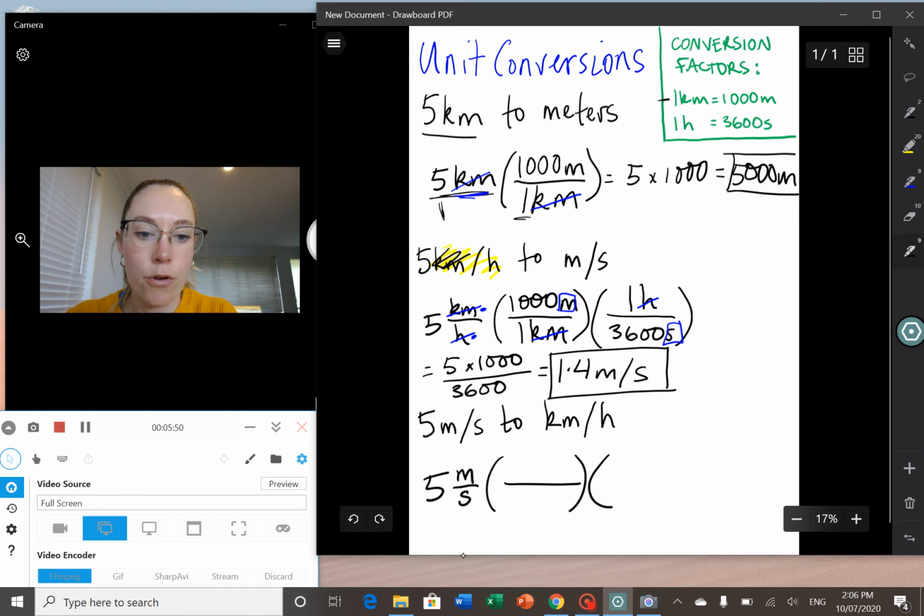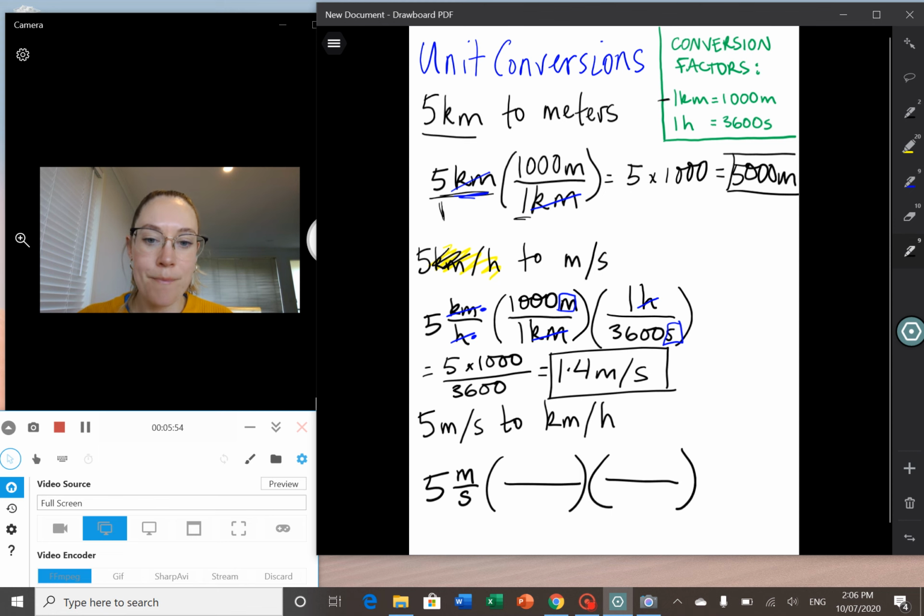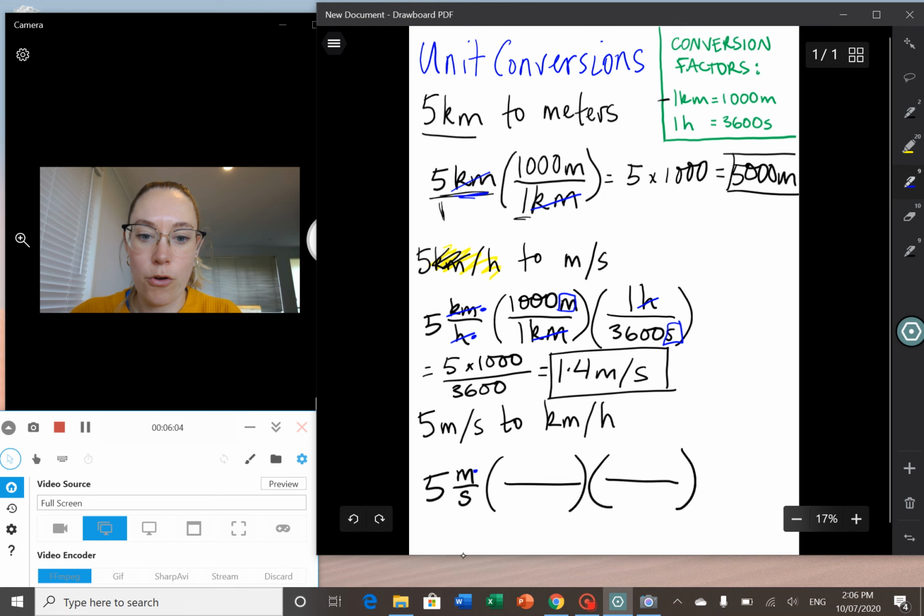I have 2 units of measurement that I'm converting, so I need 2 fractions to multiply by. Metres into kilometres, 1 kilometre is equal to 1,000 metres. In order to cancel out this metres, my metres have to go on the bottom here, so 1,000 metres, which means my 1 kilometre goes in the numerator position.